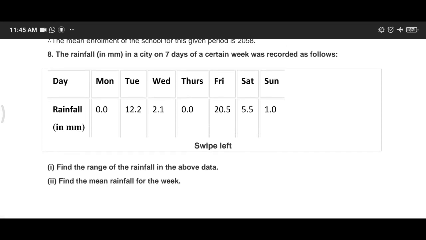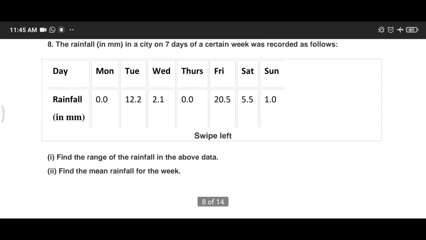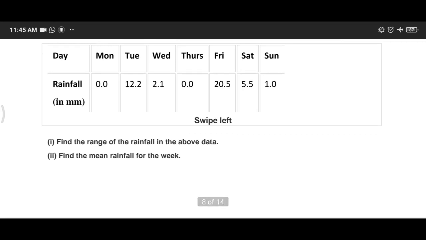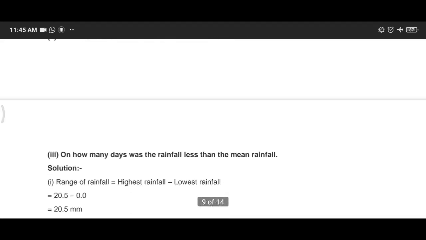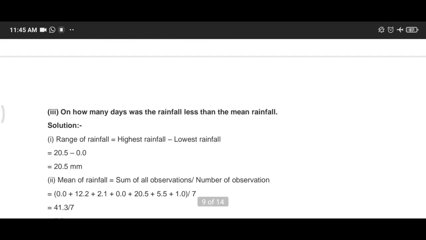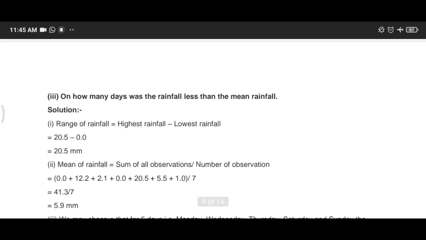Now you remember the formula for finding range is highest value minus lowest value. So here Friday 20.5 is the highest, and Thursday or Monday 0.0 is the lowest value. So we will subtract 0.0 from 20.5 and we will get 20.5 mm as the range.